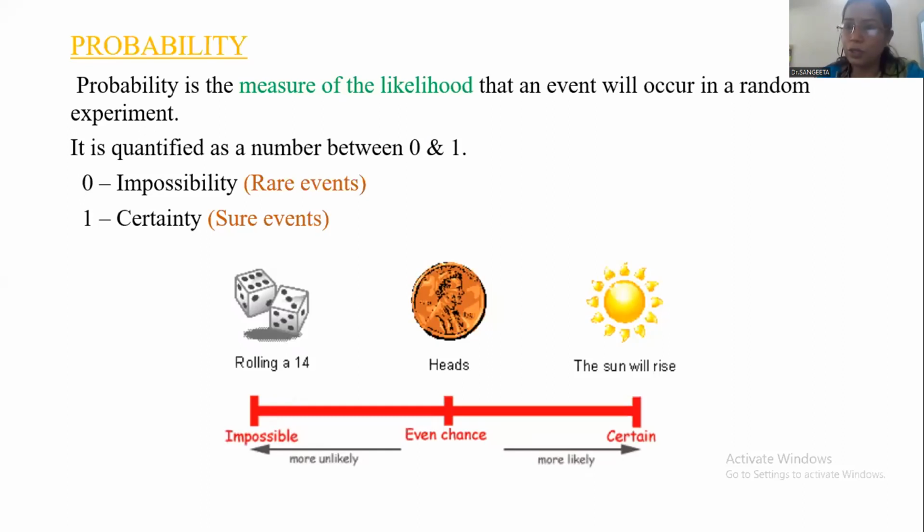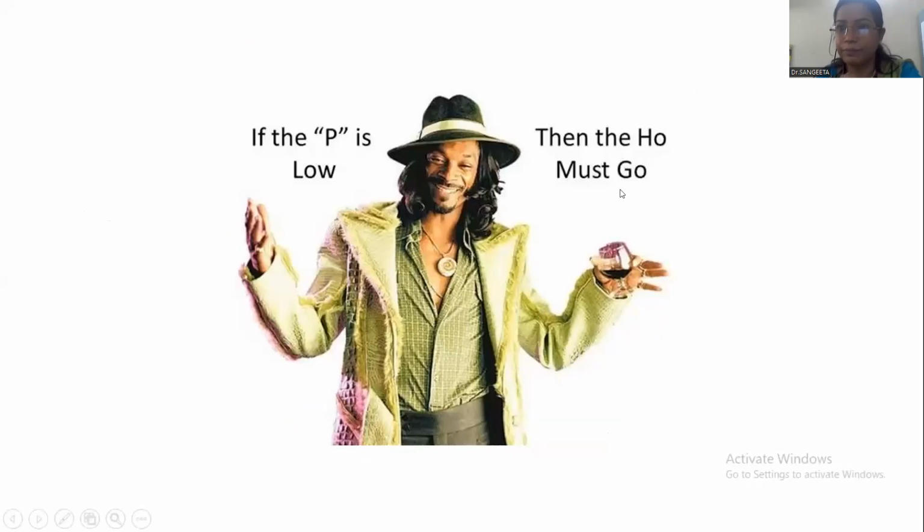So it is based on you, how much type 1 error you can allow in your study. If P is low, then the null hypothesis has to go. Whenever you have P less than 0.05, you are rejecting the null hypothesis, so obviously you are accepting the research hypothesis.